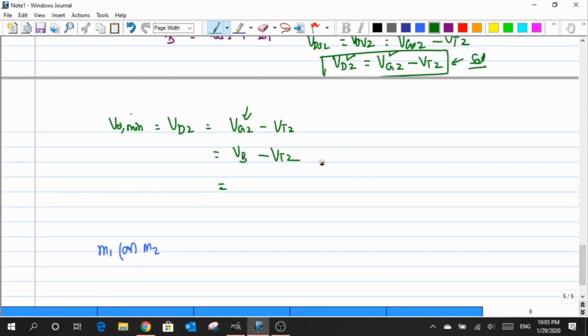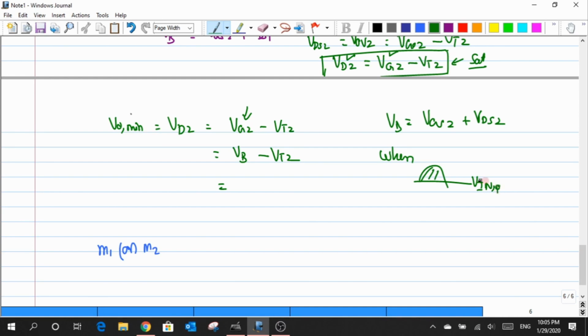So this VB, which we have defined earlier as VGS2 plus VDS, when I have a positive peak across my input.